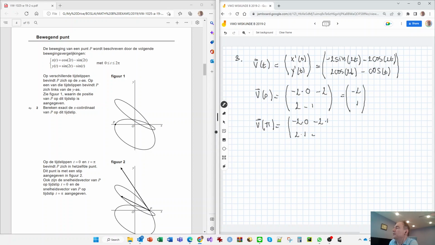The cosine at pi is negative 1, so I get plus 1 here. So I get minus 2 and 3. And that roughly makes sense if you look at the directions of these two vectors here.